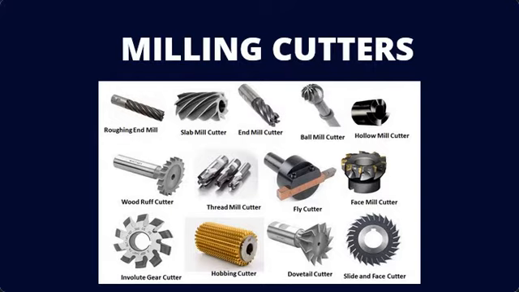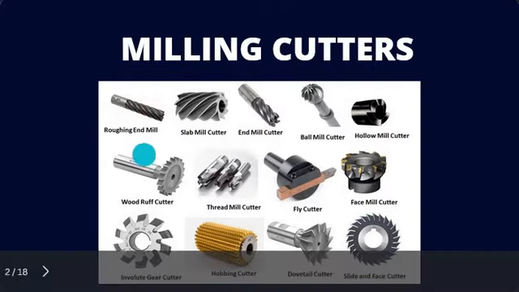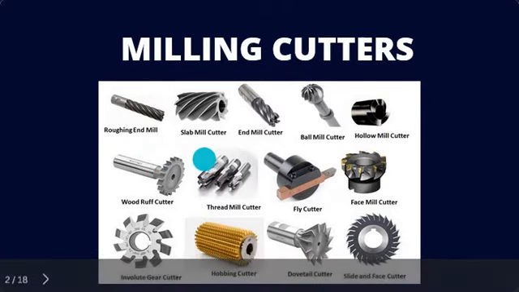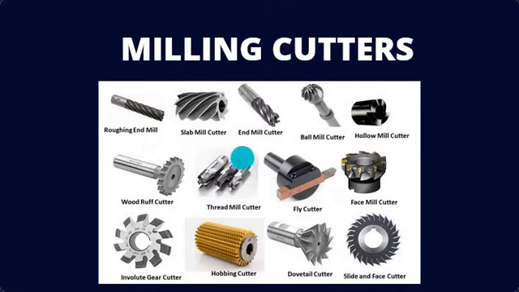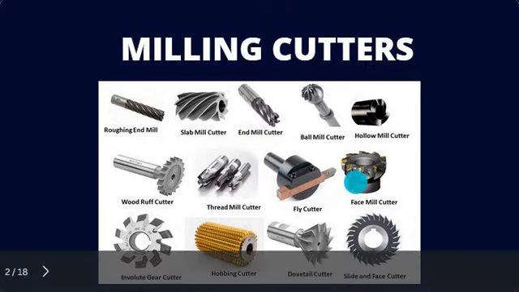We have here roughing end mill, slab mill cutter, end mill cutter, ball mill cutter, hollow mill, Woodruff, thread mill, fly cutter, face mill cutter, involute gear cutter, hobbing cutter, dovetail cutter, slide and face cutter.